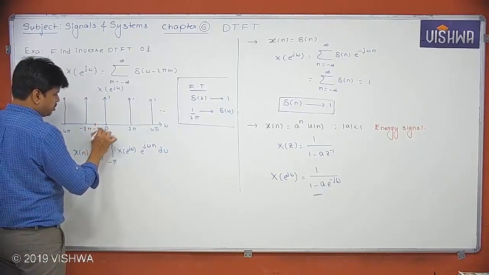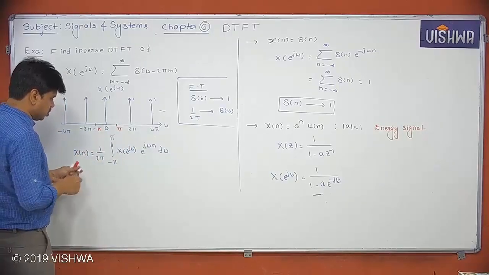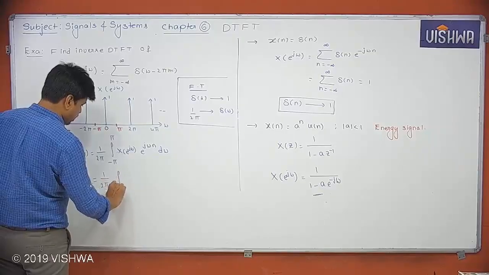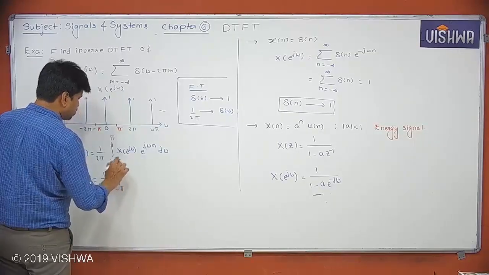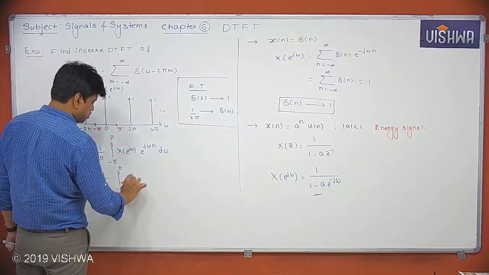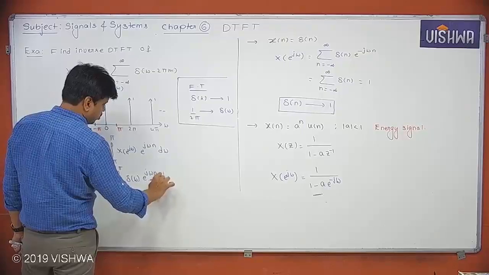In minus pi to pi, we have only one impulse function, that is delta omega, so this is 1 by 2 pi integral minus pi to pi delta omega e power j omega n d omega.